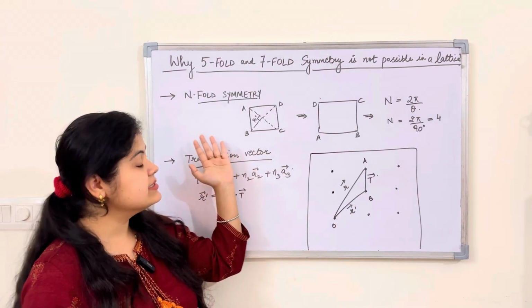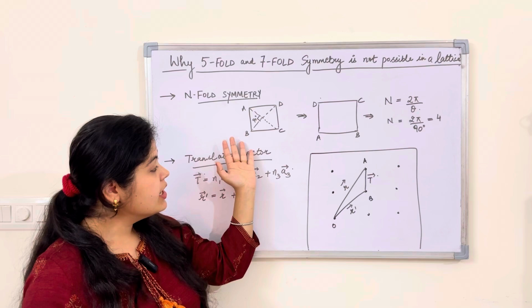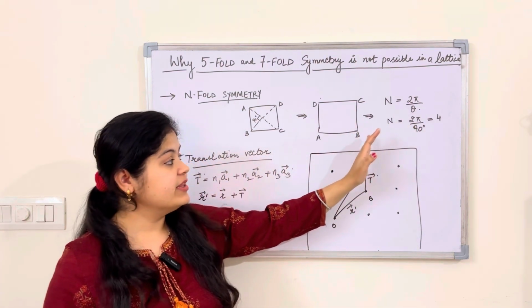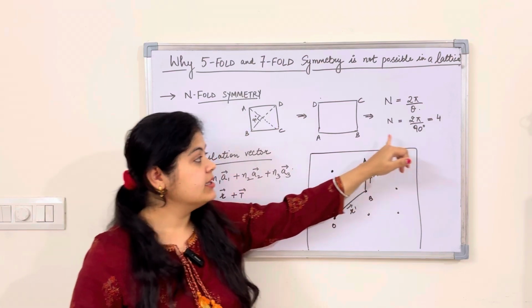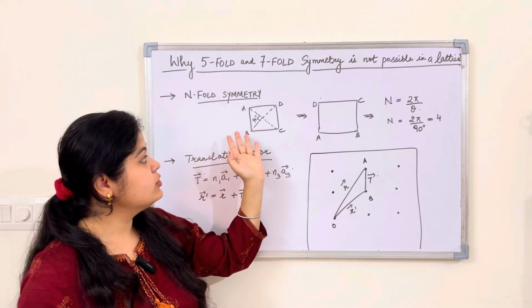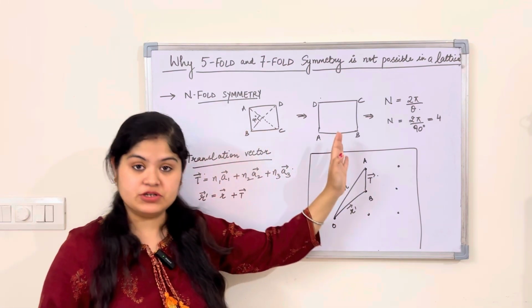So by considering a square, if I rotate it 4 times with an angle of 90 degrees, then it will come back to its original position. So it is said to have a 4-fold symmetry.